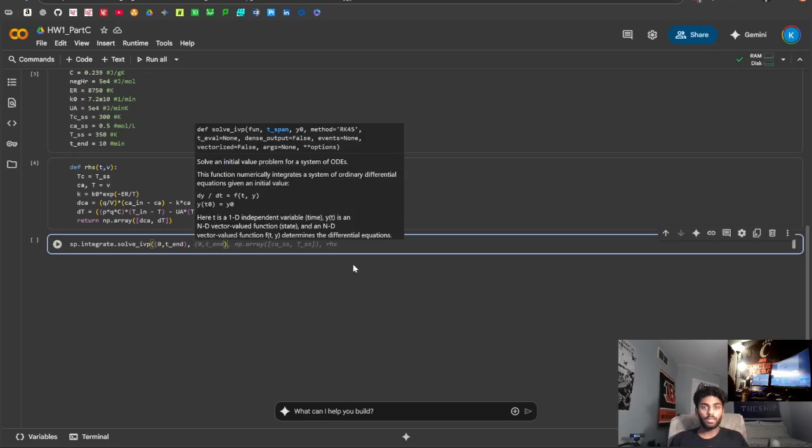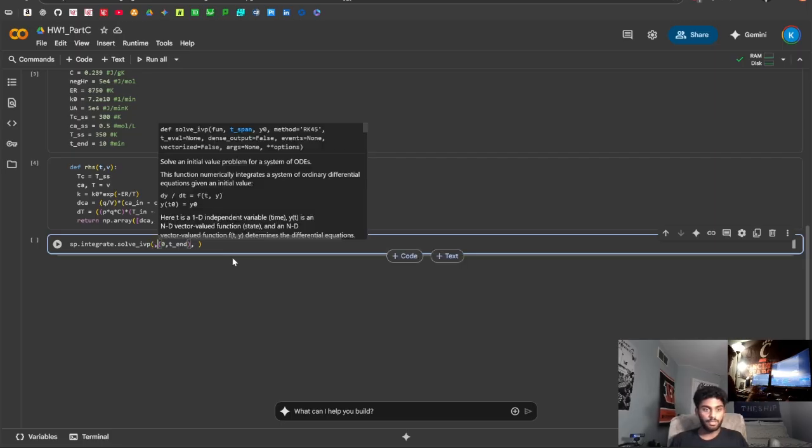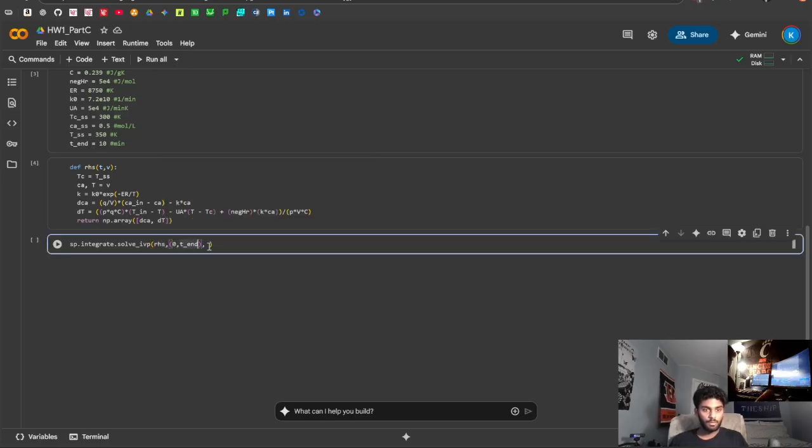And now we want to give it our, oh no, first we need to give it the function, right? So we're going to have right hand side, 0 to t end, and then we need to give it our initial guesses. And for right now, we're just going to give it our steady state conditions.